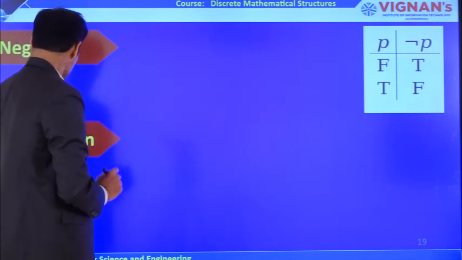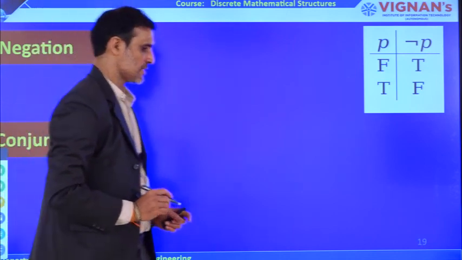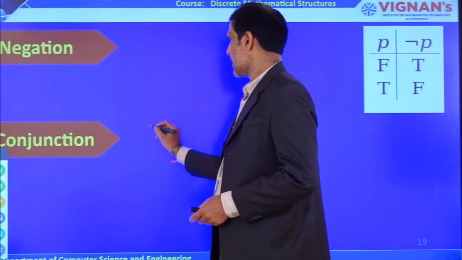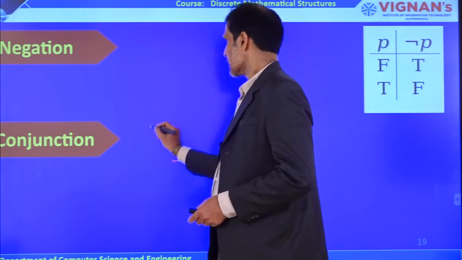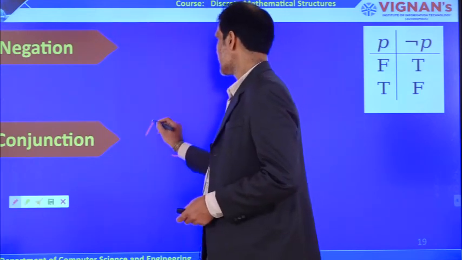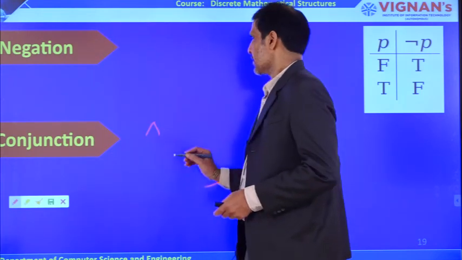So how do we represent conjunction? The second one, which is very important, is the conjunction logical connectivity. It is represented by AND.